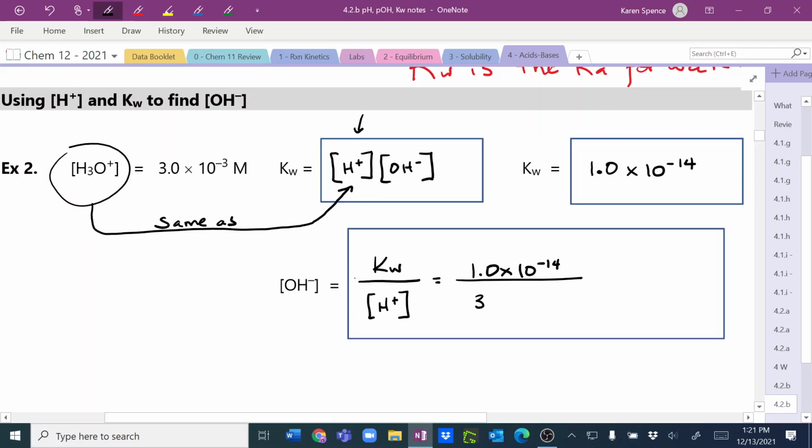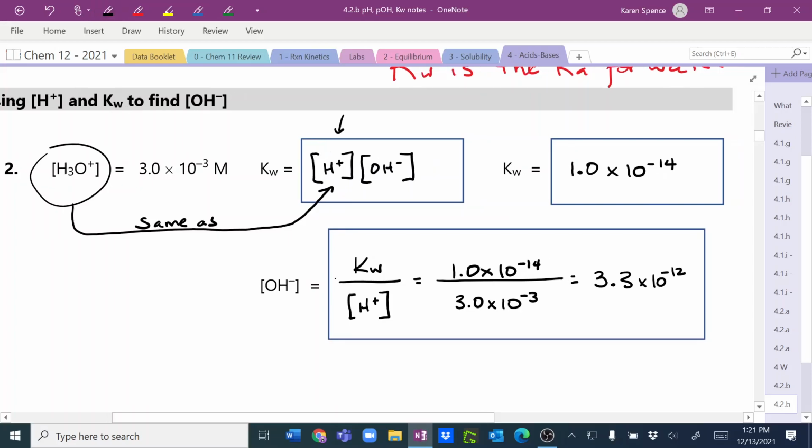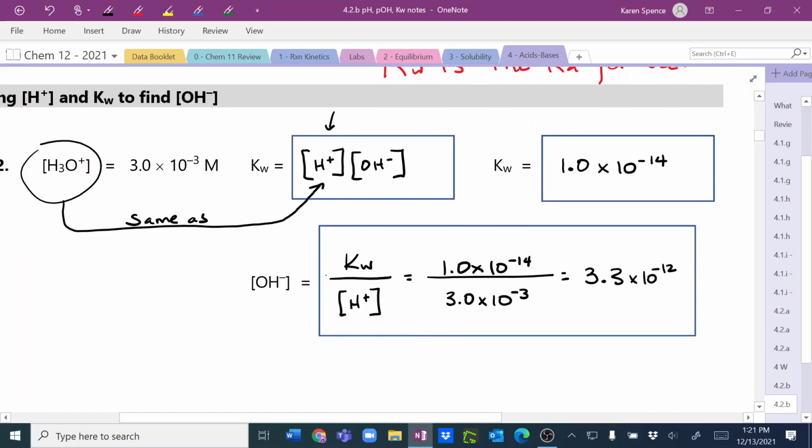And so we can just plug that in, 3.0 times 10 to the minus 3, and we get 3.3 times 10 to the negative 12. Is that answer missing anything? Units. It's a concentration, so the unit should be molar. Okay?